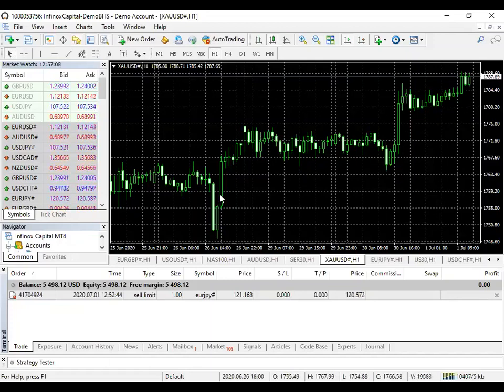Now, if you have resistance and it's broken, that point becomes a support. So if gold price comes back to this region for any reason, if it retraces, because there's always retracement.